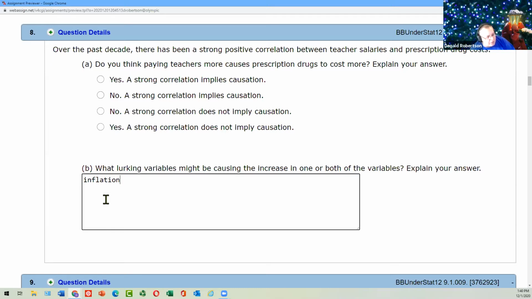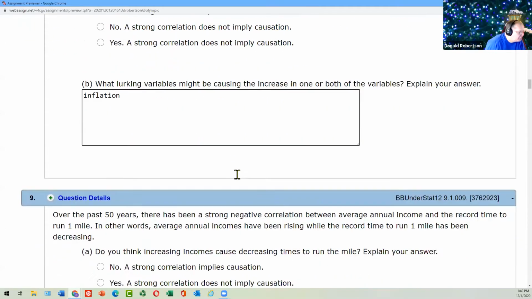Now, there might be better cars today, that's true, but they're also more expensive. Doesn't everything go up in price? Doesn't your electricity go up in price? Doesn't your salary hopefully go up in price? Which is what happened to the teachers. Inflation, that would be a single word description.